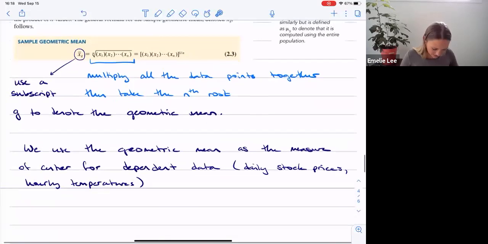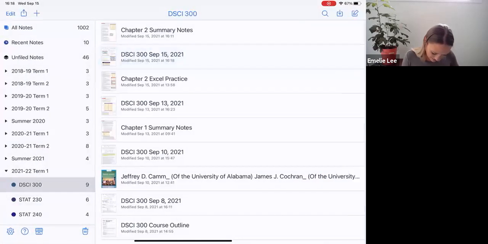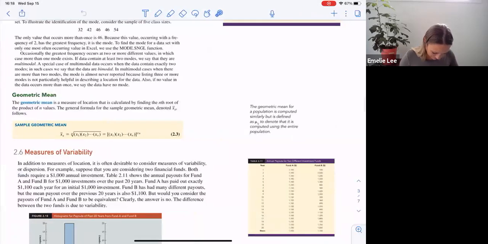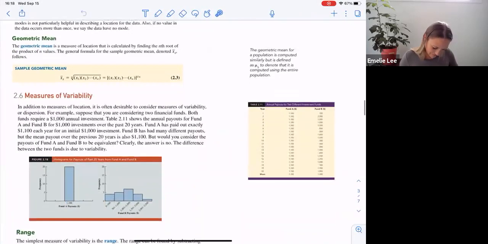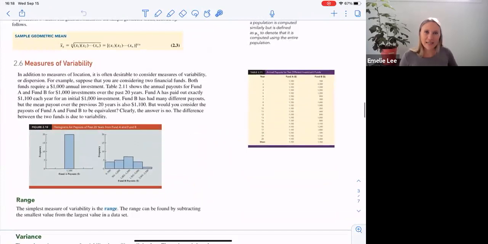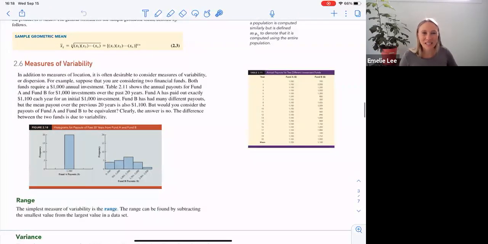All right, let's see. I think we'll leave this for next day. Okay, so we'll keep talking about measures of variability, which is basically just measures of spread.